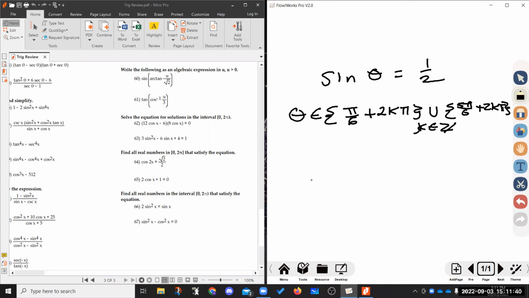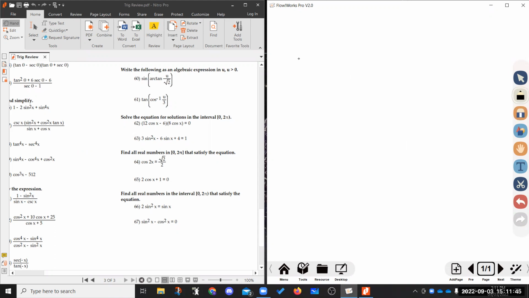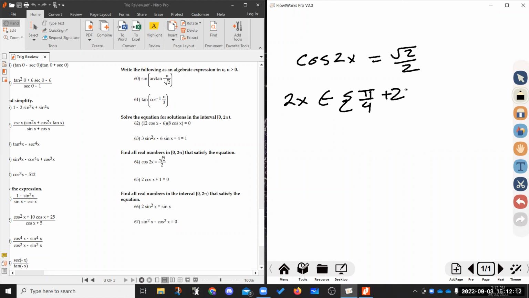If I have one of those questions like this one, let me go back and do this one. Cosine of 2x is equal to root 2 over 2. Then I'm going to say that 2x is an element of the set, and I'm going to start with the first time it's root 2 over 2, which is pi over 4 plus 2k pi, since the period of cosine is 2 pi, union.